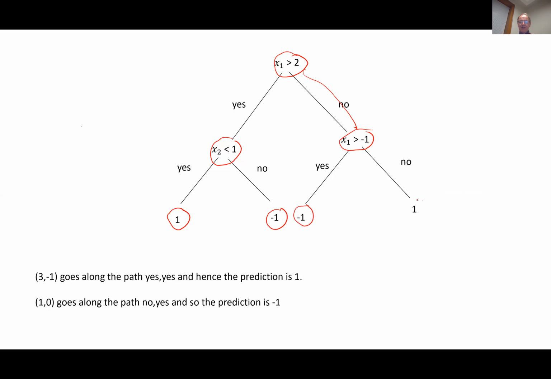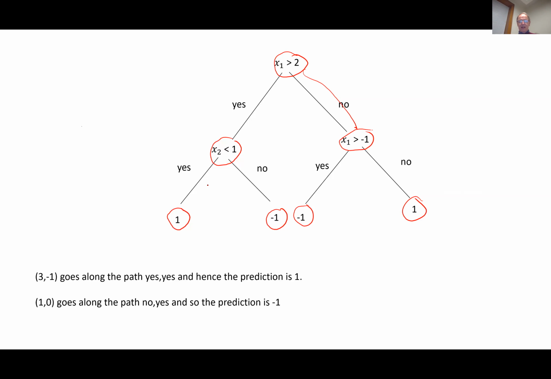This way we can divide our data points into, in this case, two categories, those that belong to category 1 and those that belong to category -1. It's simply by taking an arbitrary data point and sending it through these questions. Again, this will take any point in R2 and put it into one of the two categories.